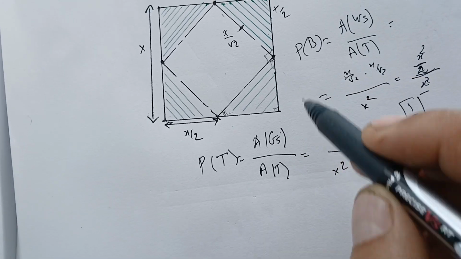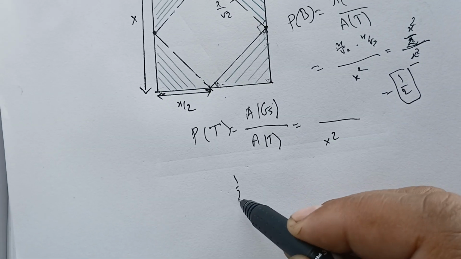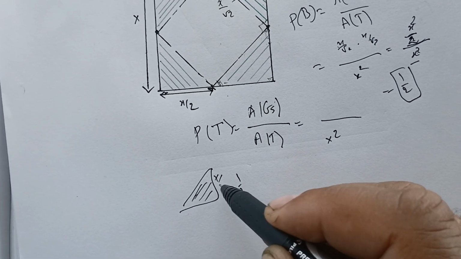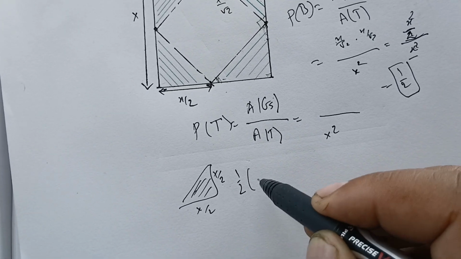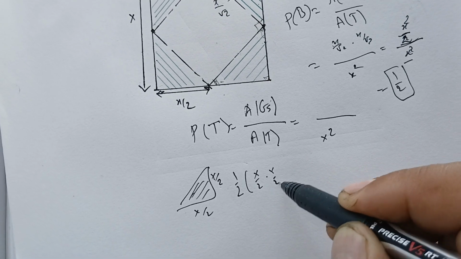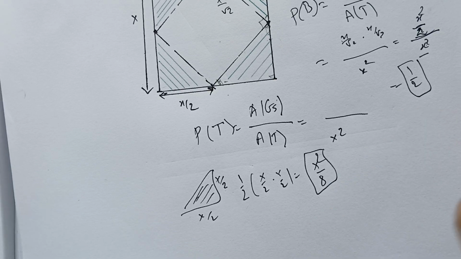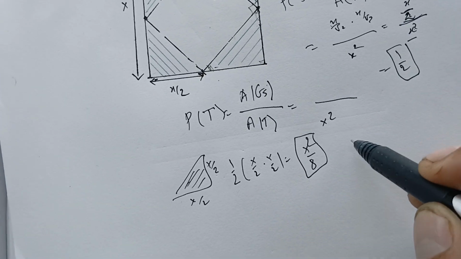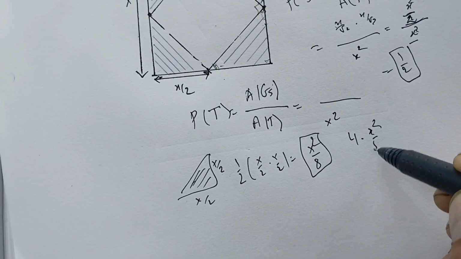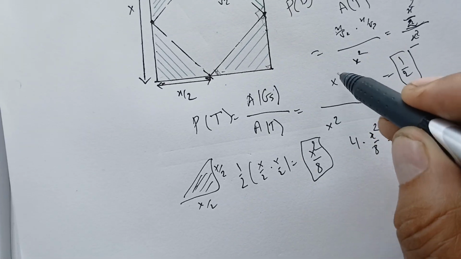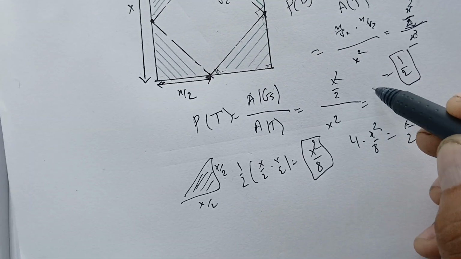The area of one is 1/2 times x over 2 times x over 2, which is x squared over 8. And since we have 4 of them, it's 4 times x squared over 8, which is x squared over 2. So here you have x squared over 2 over x squared, which is 1/2.